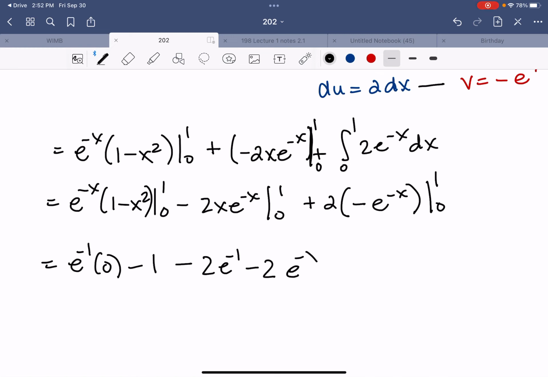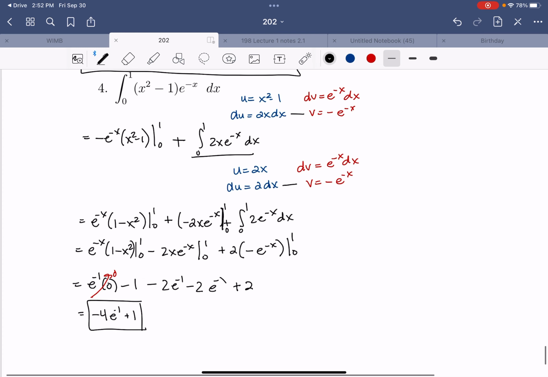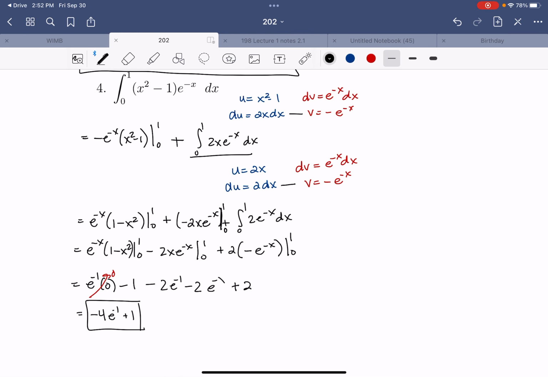And when you plug in 0, that's minus a negative 2. This one is 0. So we have, let's see, negative 4e to the minus 1 plus 1. And that's my final answer on that one. So 2, integration by parts.